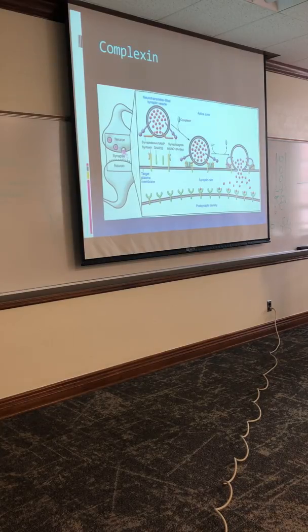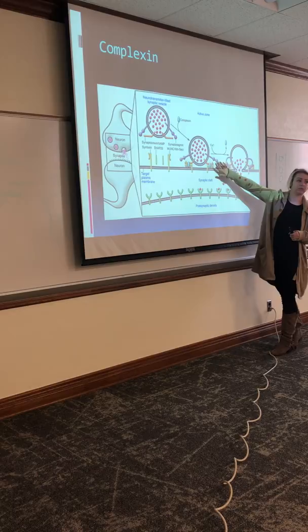And so from the top, again, we have our transmitter coming down. We can see our synaptobrevin and our synaptotagmin that are attached to the vesicle. So again, these are your V snares. On the bottom here, you have your target snares, so your T snares, with your syntaxin and your SNAP-25. As the vesicle drops down from the reserve pool, when synaptobrevin makes contact with your T snare, you're going to get a binding here.